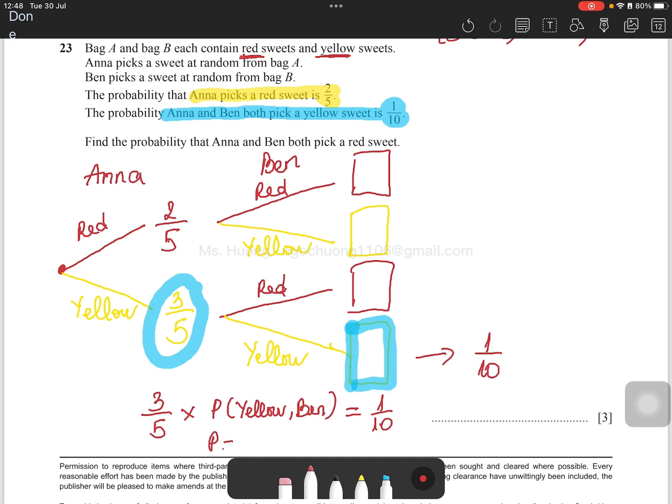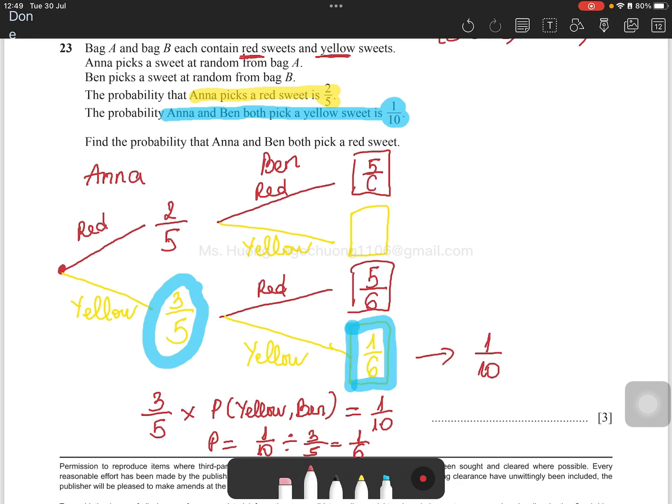So this probability is 1/10 divided by 3/5, which means 1/10 times 5/3 equals 1/6. From this, we can find the probability that Ben picks a red sweet. 1 minus 1/6 is 5/6. So the probability that Ben picks a red sweet is 5/6.